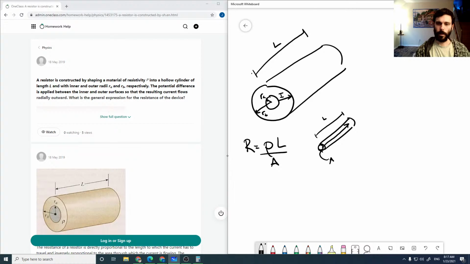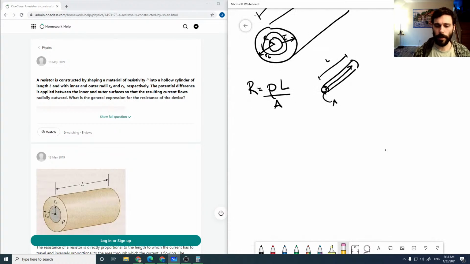Now we have these shells, so I'm going to actually redraw this rather than mess it up too much. And my redrawing is going to be terrible. We have these shells that we're calculating our current over.